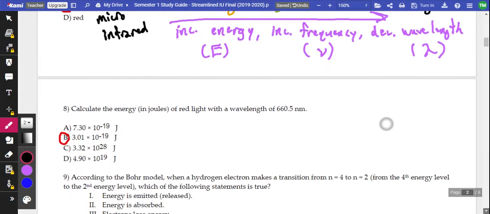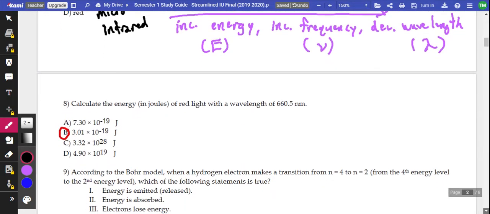All right. Number 8, calculate the energy in joules of red light with a wavelength of 660.5 nanometers. Okay, so let's see. Let's break out some energy, light equations. So we've got E equals Planck's constant, H, times the frequency, nu.